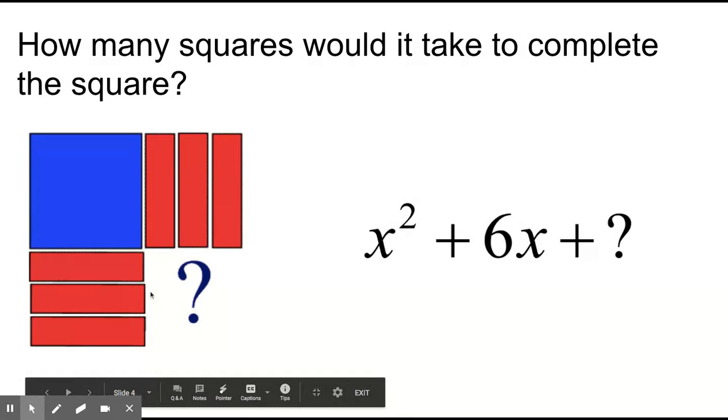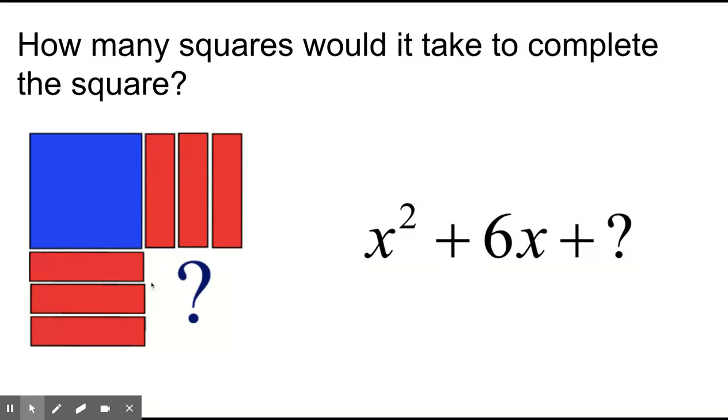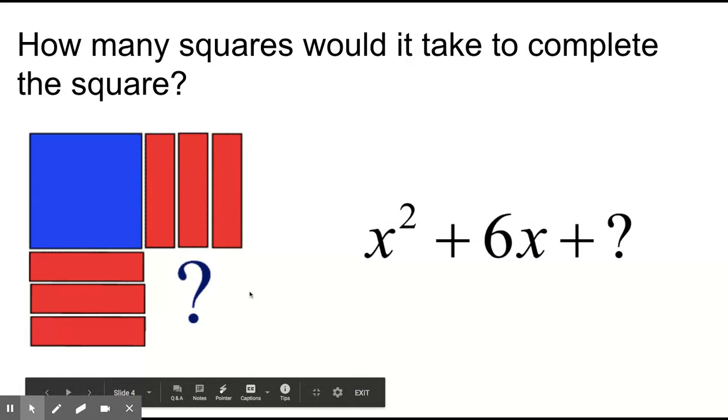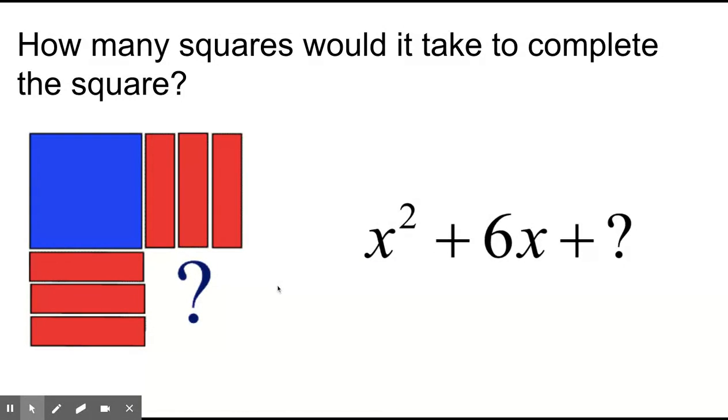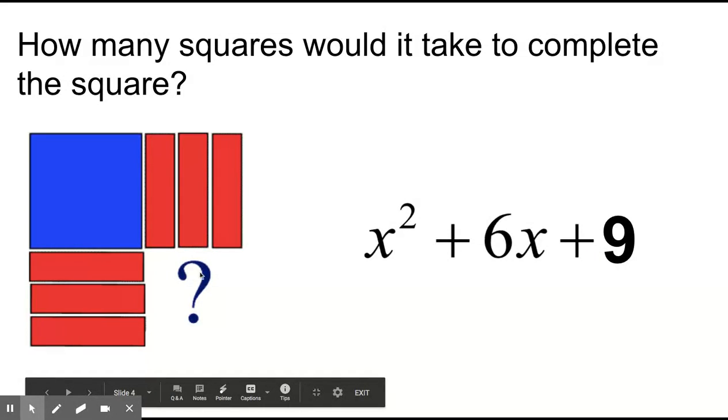So how many single unit squares would we need in order to complete this picture and complete the square? 9, right? Because we have a 3 by 3. So if we filled up each space, that would give us 9 square units to fill in.